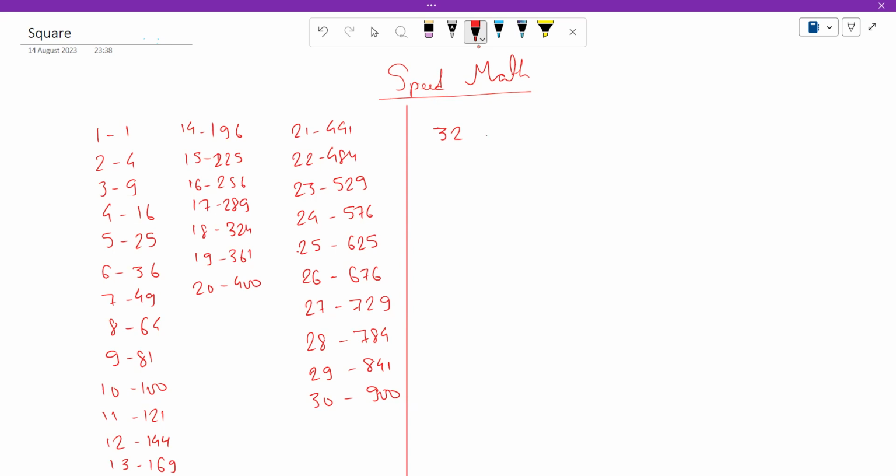We can use the formula of (a+b) square: a square, 2ab and b square. So this is my a and this is my b. What is a square? 3 square, that is 9. What is 2ab? 3 twos are 6, 6 twos are 12. And what is b square? 2 square is 4.